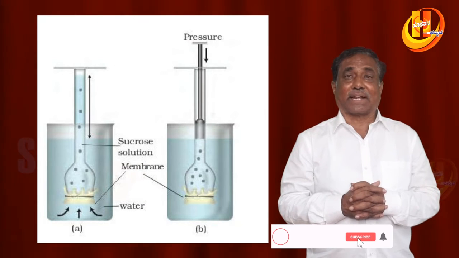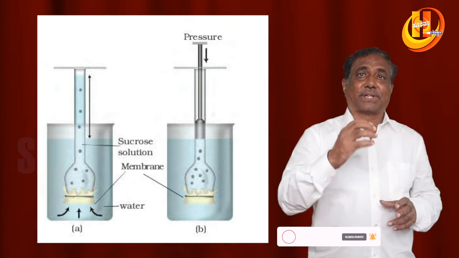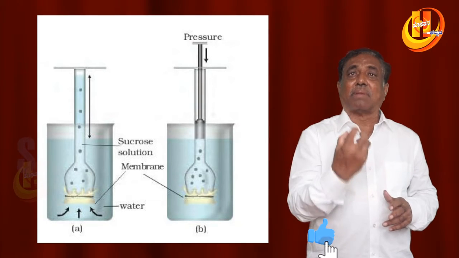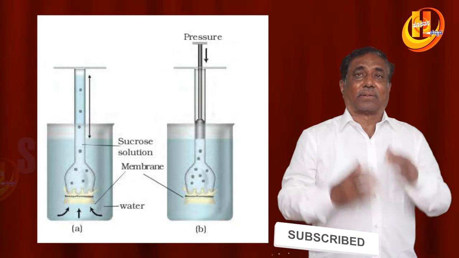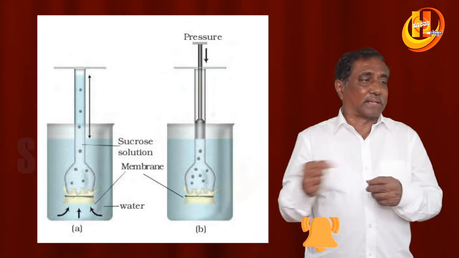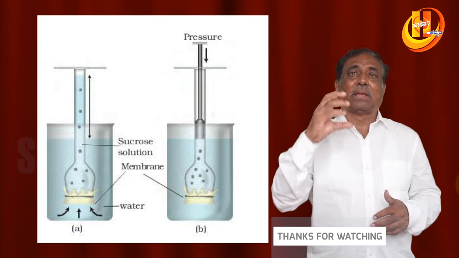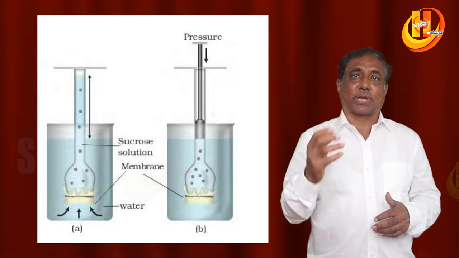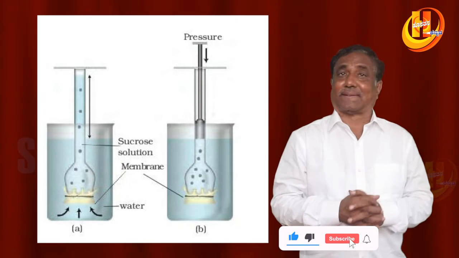There is an experiment to demonstrate osmosis, the funnel experiment. First, prepare the egg membrane which acts as a semi-permeable membrane. For this preparation, you have to remove the yolk and other parts by making a hole in the egg, and the calcareous porous shell has to be placed in dilute HCl.